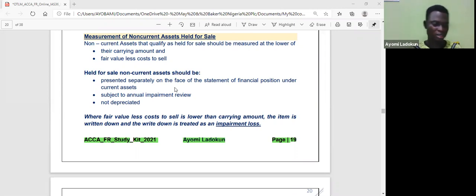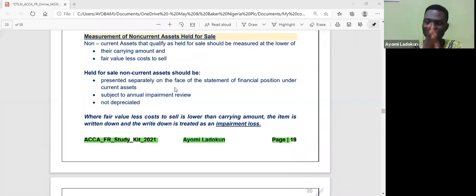According to the standard, assets held for sale are measured at the lower of their carrying amount and fair value less cost to sell. So all I need to do is get the carrying amount of that asset, bringing it from PPE, and look at fair value less cost to sell. The lower of the two would be the new value for that asset.